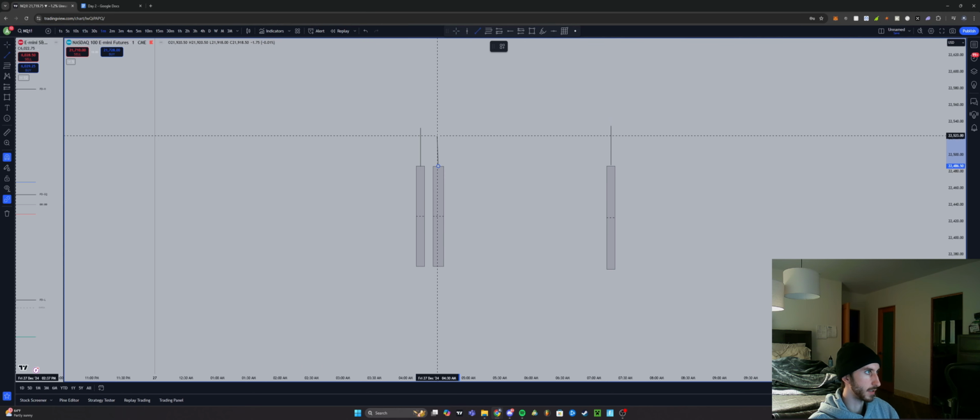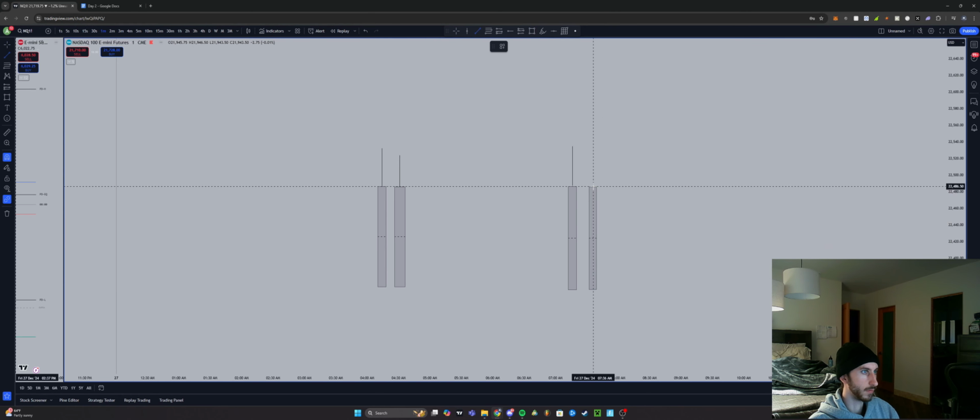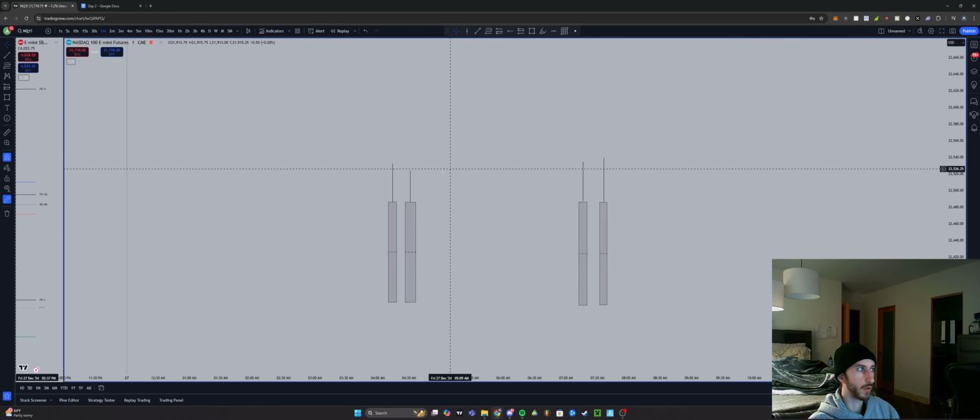Now let's say ES fails to take this high, okay? And let's say NQ does take the high. The cracking correlation between these assets, meaning this high getting taken by this high, and this high not getting taken by this high, tells me that we have an SMT, or smart money technique. That's the cracking correlation that I'm looking for.